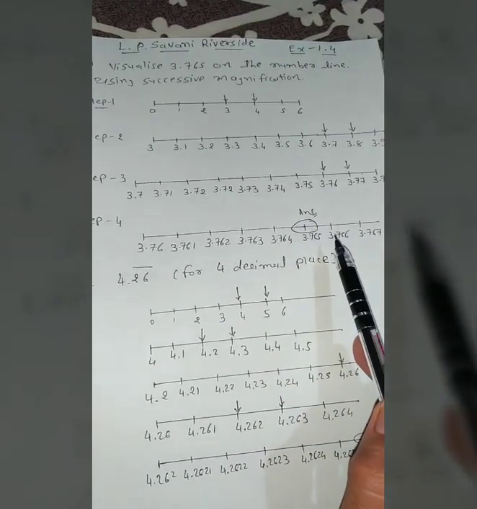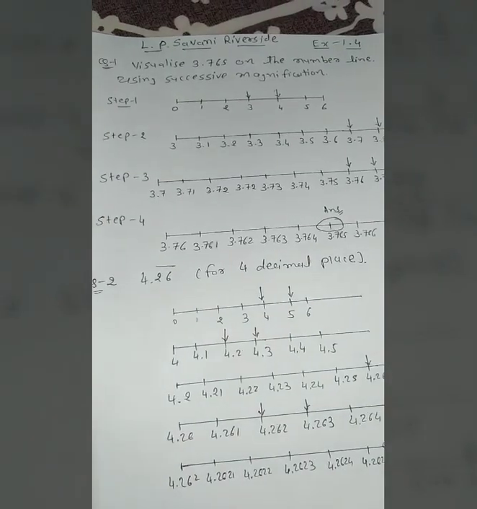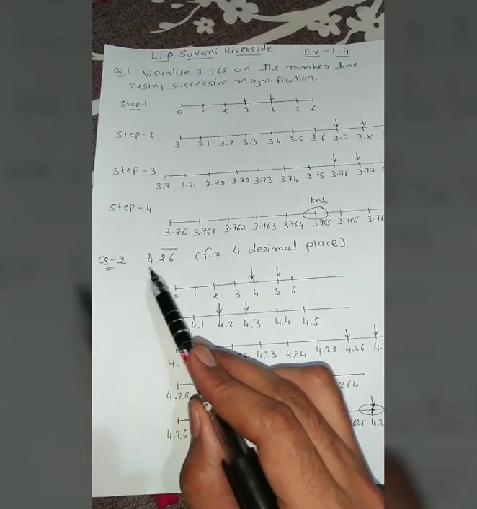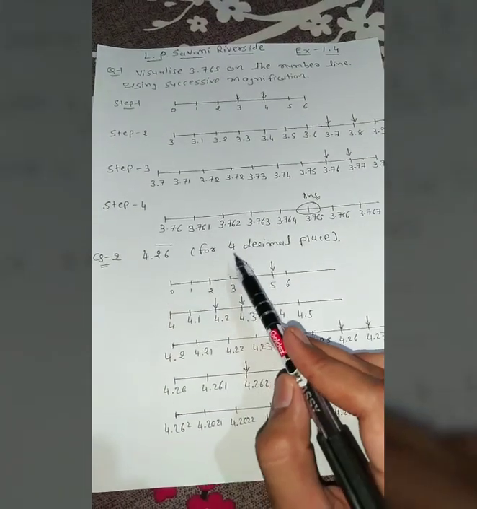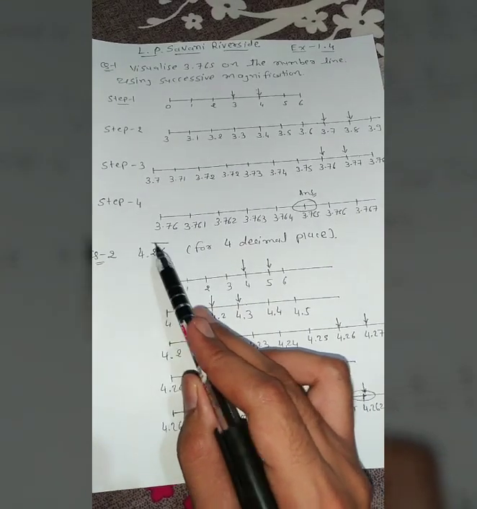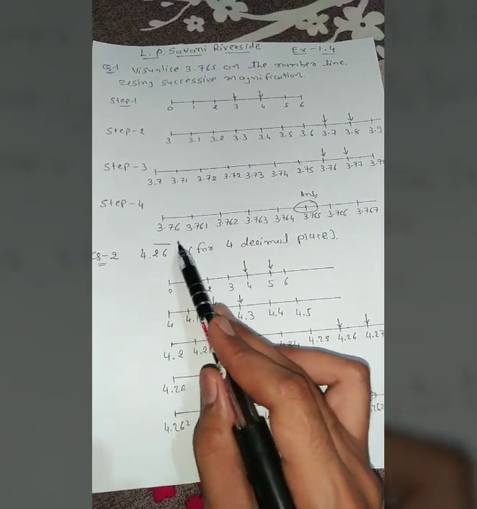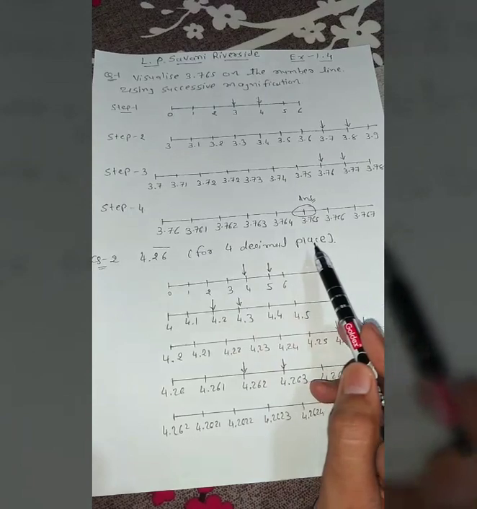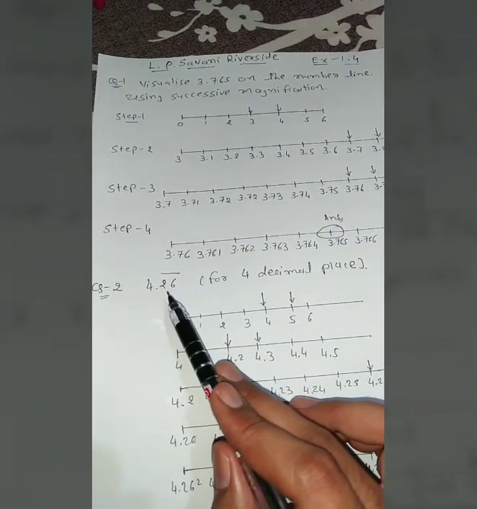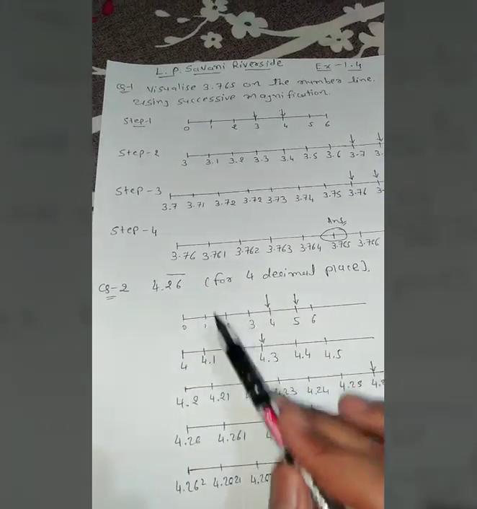In this way you can indicate any number. Now in question number 2: 4.26 bar for 4 decimal places. Here the bar is the repeating part, which repeats 26 two times.